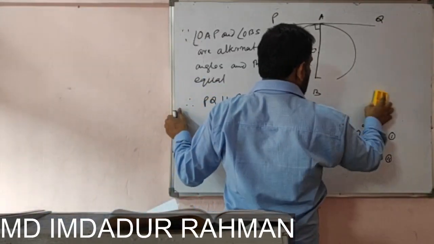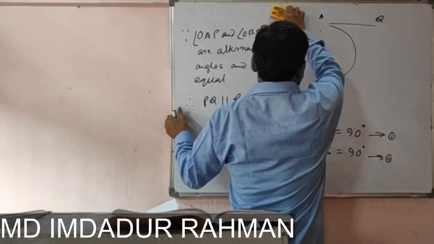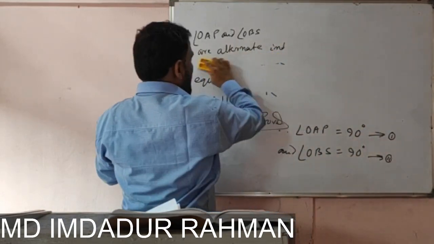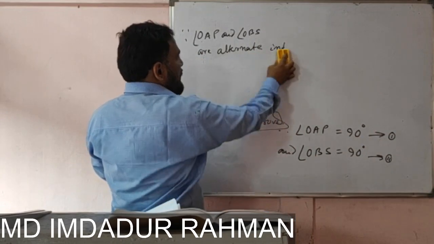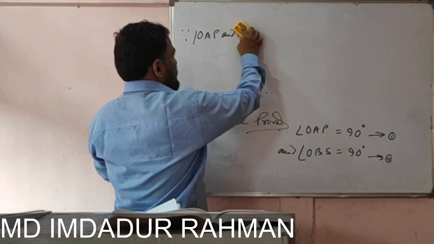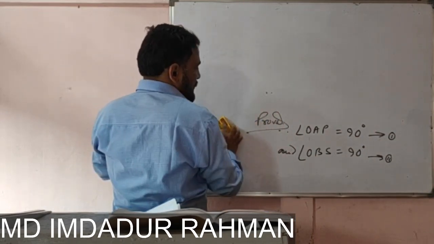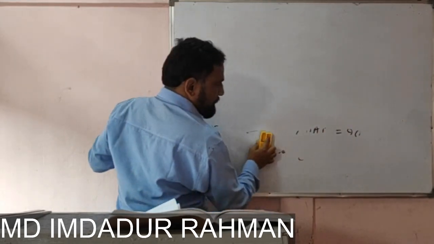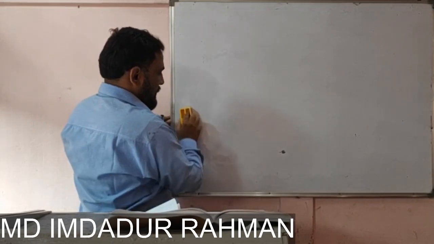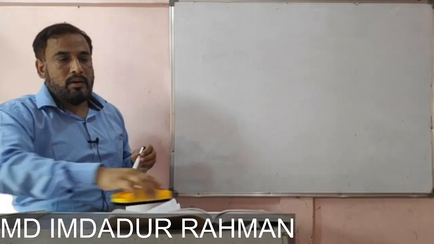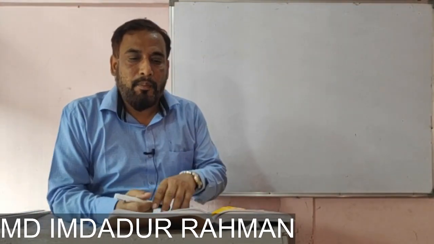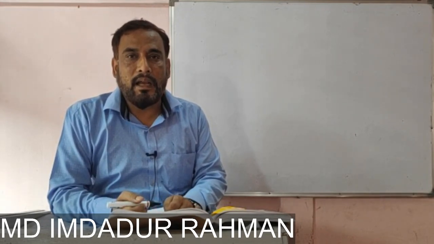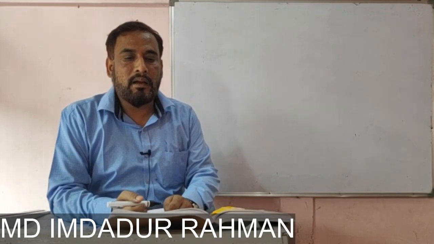So I will not show it completely, I will just give the hints. You will do it at home. So question number 5 is, prove that the perpendicular at the point of contact of a tangent to a circle passes through the center.